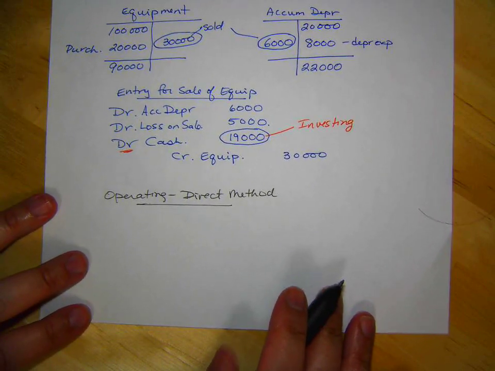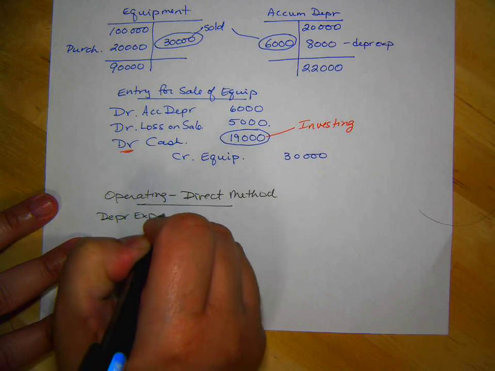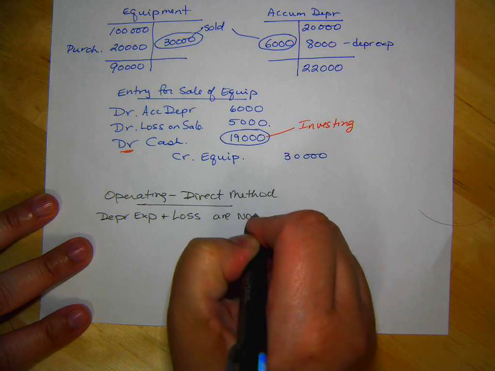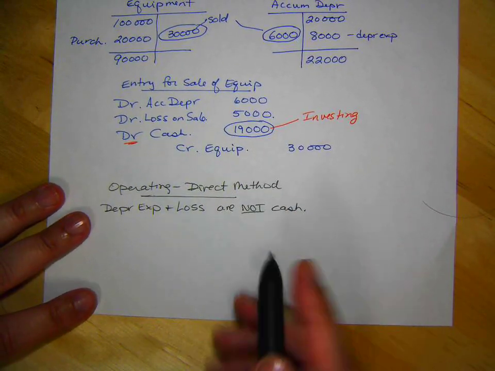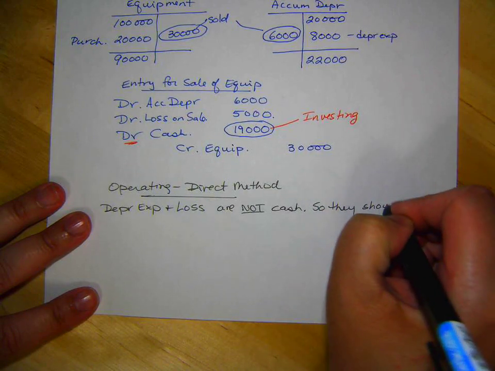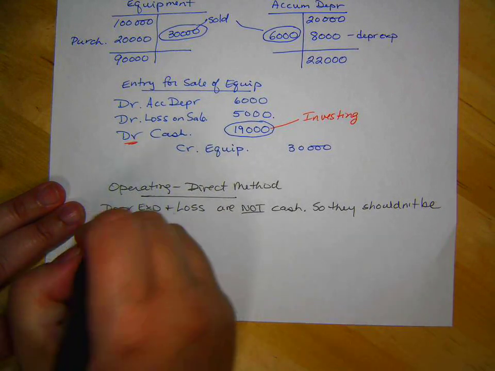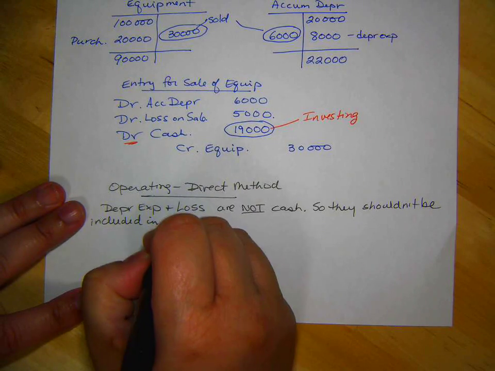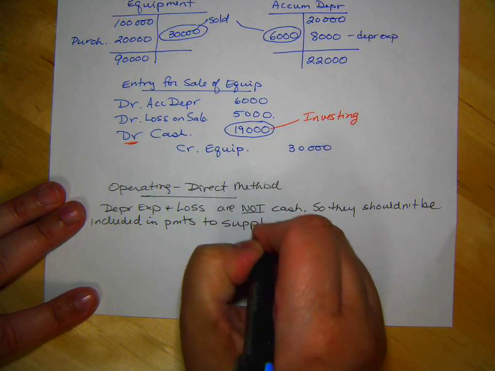Depreciation expense and loss are not cash, so they shouldn't be included in payments to suppliers.